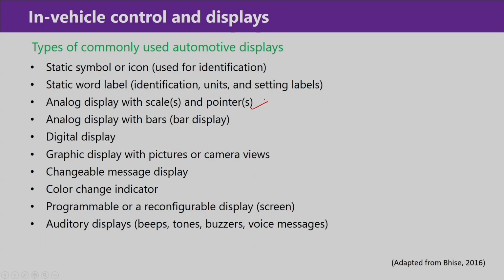There is also analog display with bars, bar display, then digital display, graphic display with pictures or camera views, changeable message display, color change indicator, then programmable or reconfigurable displays, auditory display like beeps, tones, buzzers, voice message, different types of sounds that come from this type of display.